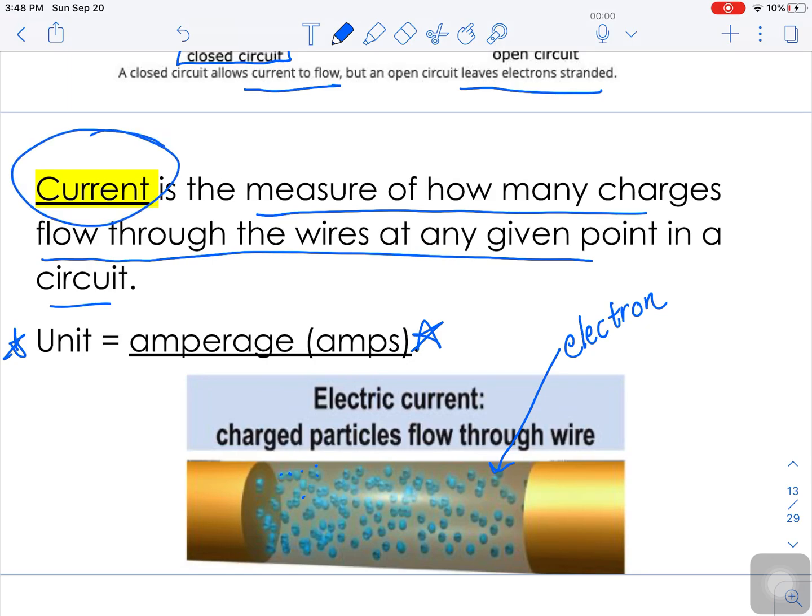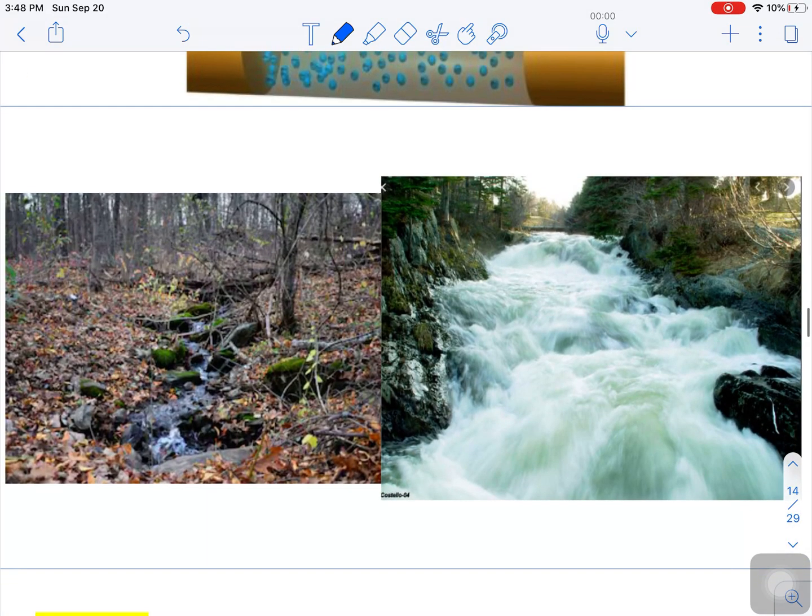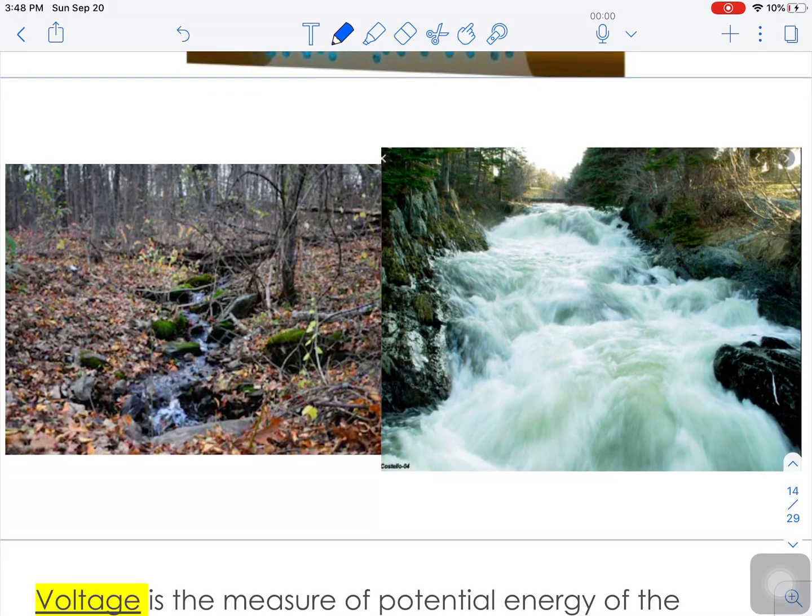And we know certain wires are able to hold more current than another. You could remember current this way too, right? I have two waterways here. This waterway has a low or slow current. This cannot hold a ton of water flowing through it, right? It's a nice trickling stream.